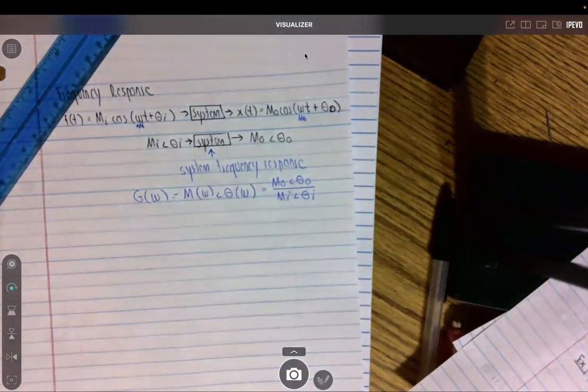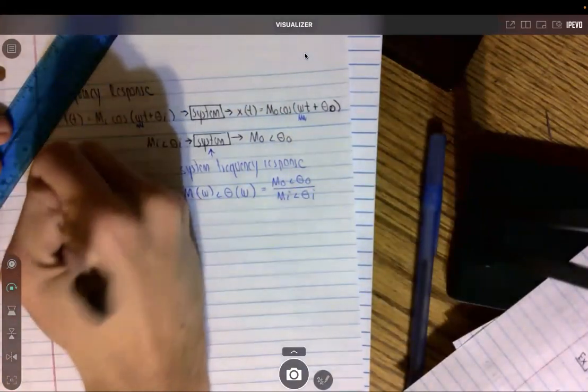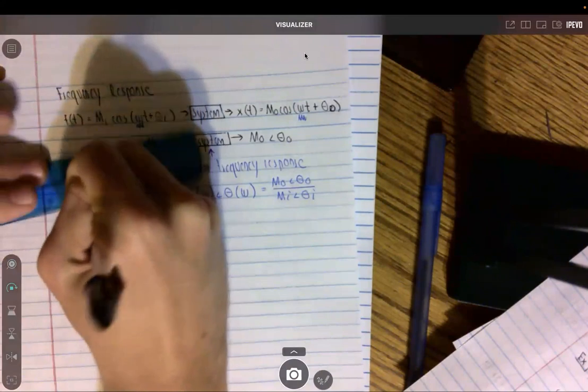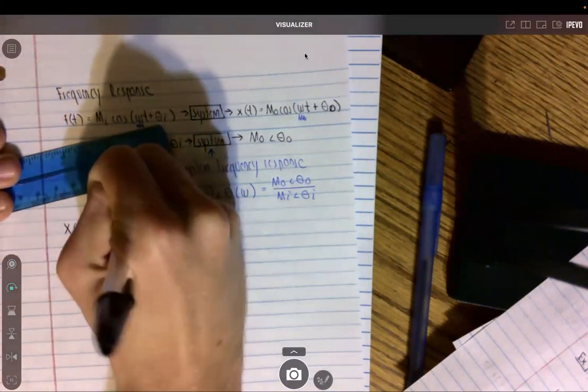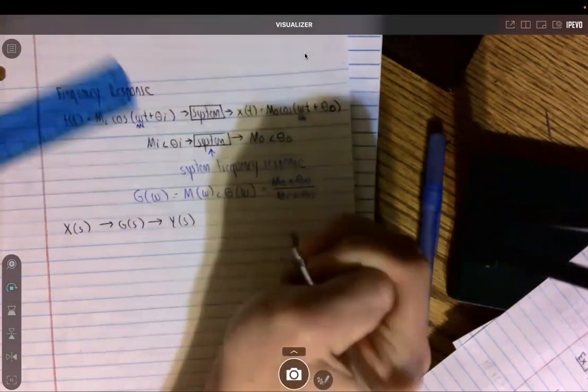Okay, so now that we talked about that, what I want us to see is oftentimes we see the system in the S plane. So here it's X of S, and then it passes through our system frequency response G of S, and we get our output Y of S.